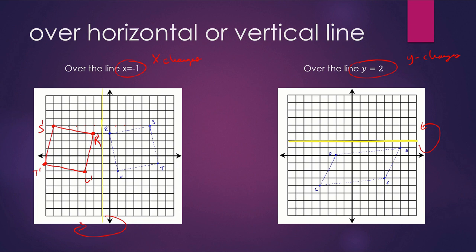So as far as the x values, it's the same distance from here. So here's what I mean. For R, we're just going to focus on the x value, so we understand that the y is still the same. So y is at 3. R prime, okay, so we already know y is staying the same. So it's going to be kind of the same for all of them.